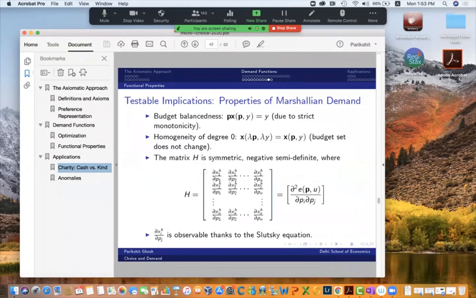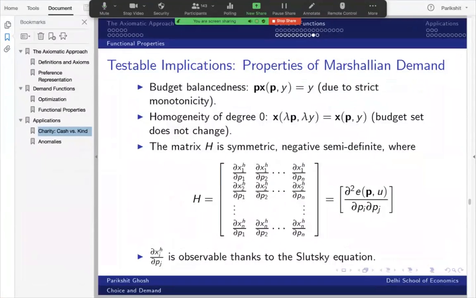All right. So the question that was just asked is, this point that the major testable implication of our theory is that this matrix H is symmetric, negative, semi-definite. So in principle, if we have rich data, what kind of data?